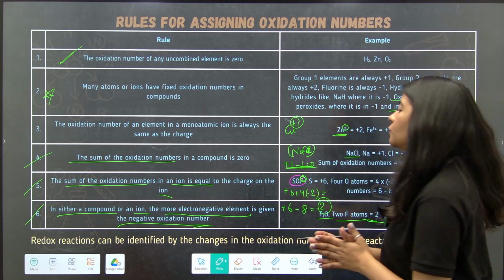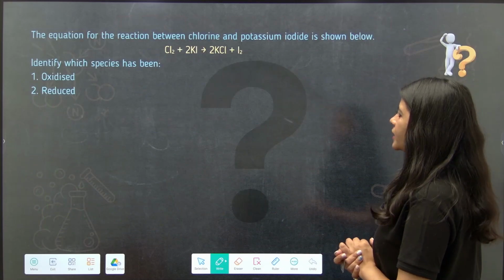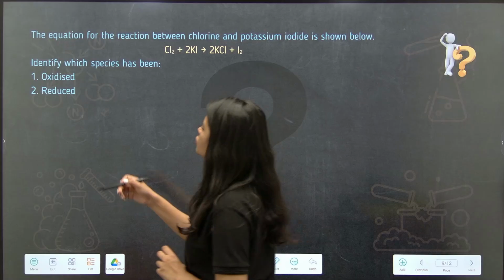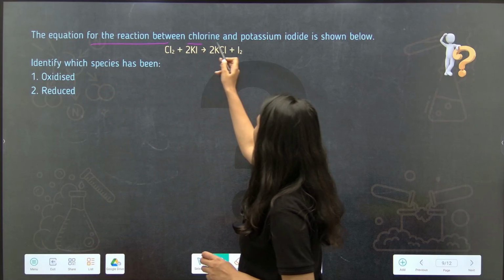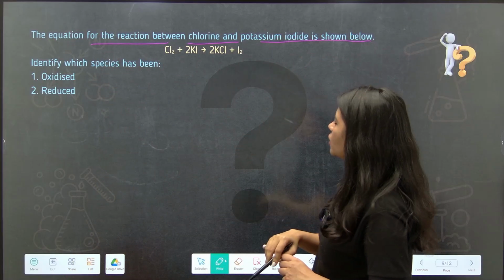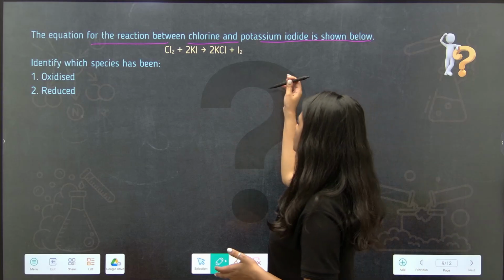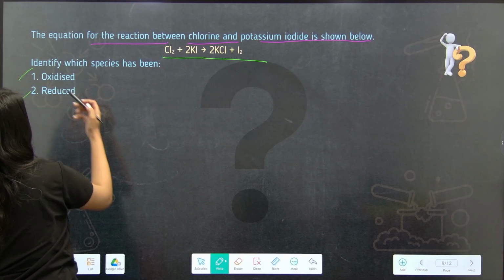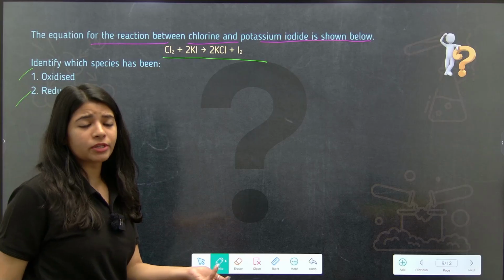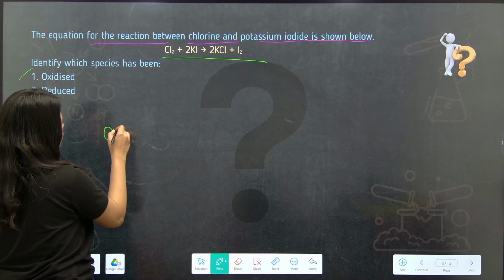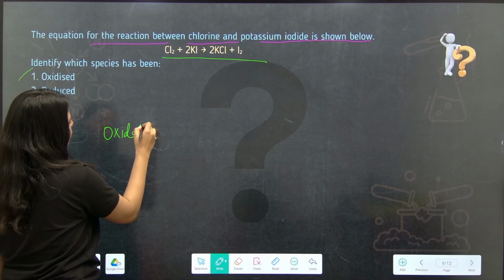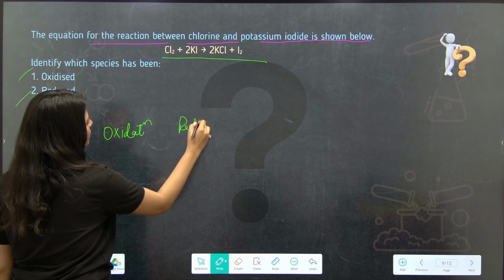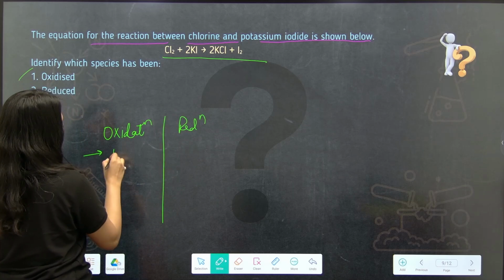Okay, now let's move on and try some questions. So, the first question is, the equation for the reaction between chlorine and potassium iodide is shown. So, the reaction is given to us. They are asking to identify which species has been oxidized and which one is reduced. So, what was oxidation? Let me write it down again for you. In oxidation, what happens?